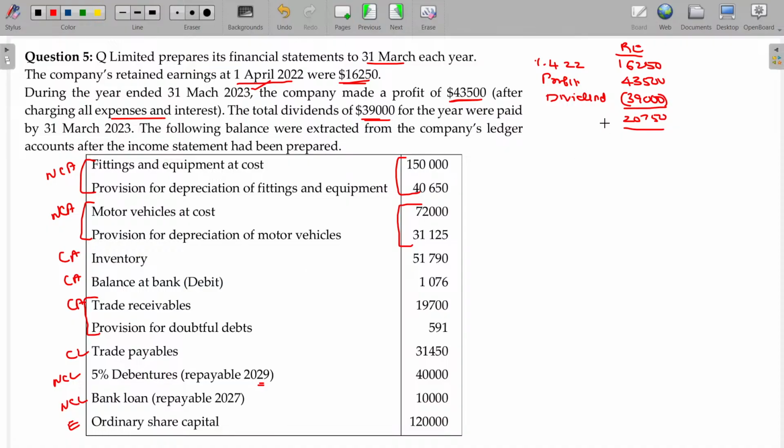Now, statement of financial position. Under that, assets. There, we'll start with the non-current assets. First one being fittings and equipment.